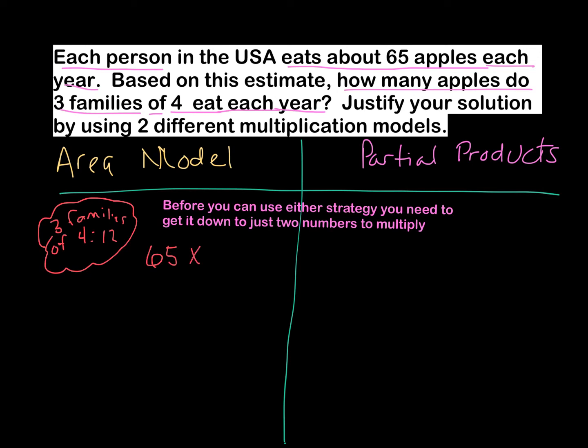So 65 times 12. Now, let's try our models out. We have the area model. We break up our 65 into 60 and 5, and our 12 into 10 plus 2.